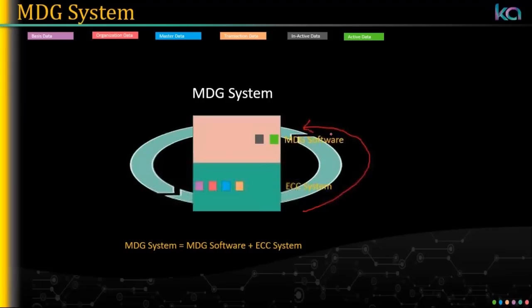For example, user IDs, plants, company codes, currency codes, exchange rate types, etc. And MDG also reads the existing master data from the ECC system and does governance in MDG: level 1 approval, level 2 approval, level 3 approval. The data will get enriched, 10% enriched, 40% enriched, 80% enriched, and finally replicate the data back to the ECC system.